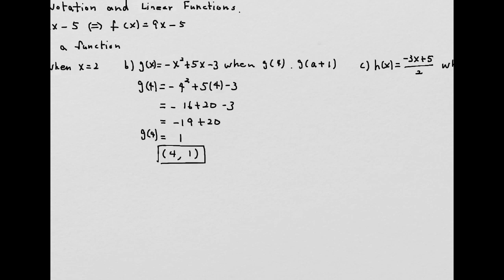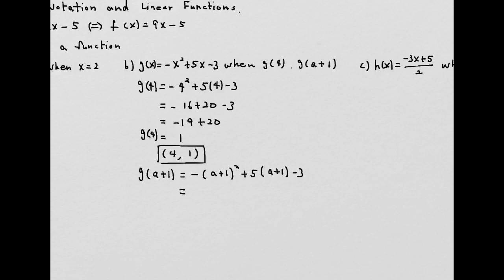What about if they're asking you to find g of a plus 1? The meaning is the same thing. It's just a little more work involved because it's a longer term for x. So wherever you have x, you're going to replace it with a plus 1. 5 times a plus 1 minus 3, and you need to simplify it.